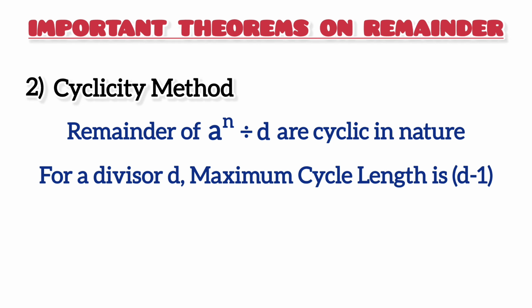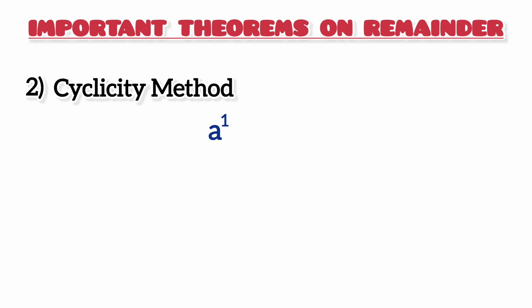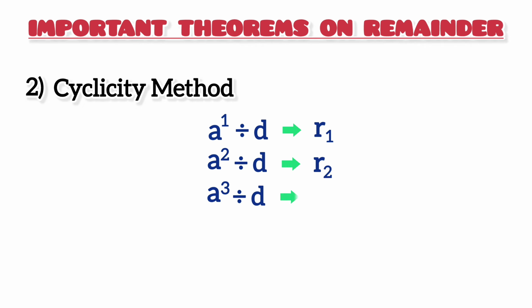In this method, you need to check a raised to the power 1 when divided by d. Let's say the remainder is r1. When a square is divided by d, r2, a cube divided by d, r3, and go on till you find the same pattern repeating. Understand it better with an example.